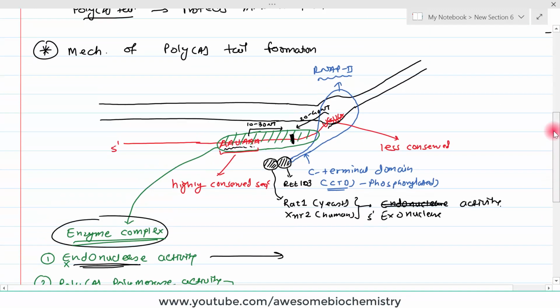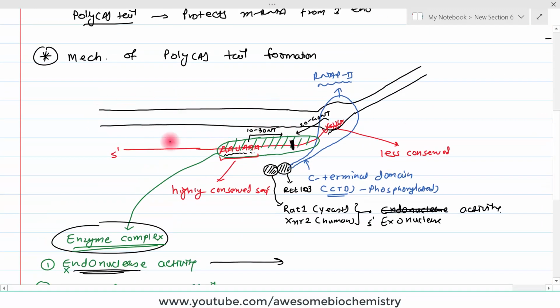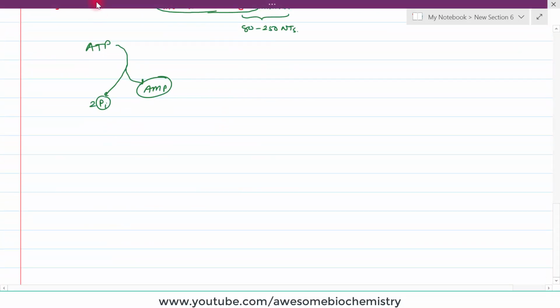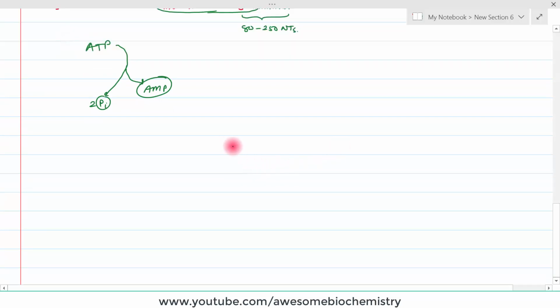What happens to the other part which was left out once this piece of mRNA is released? So let's draw the remaining piece. First we'll draw the DNA, double stranded DNA.